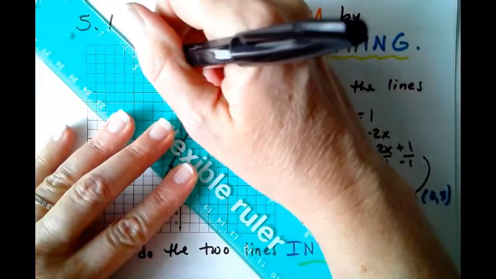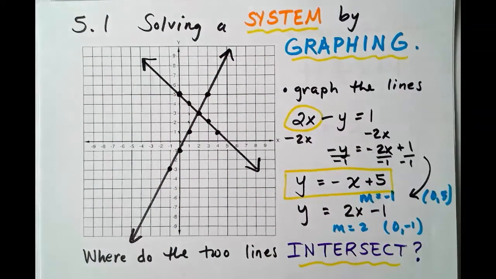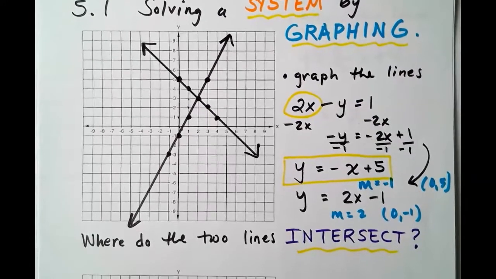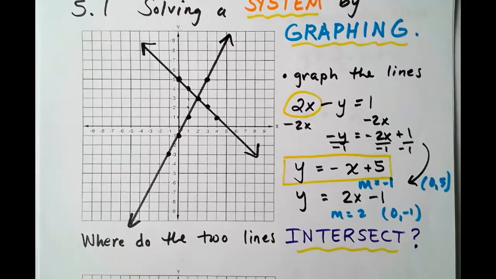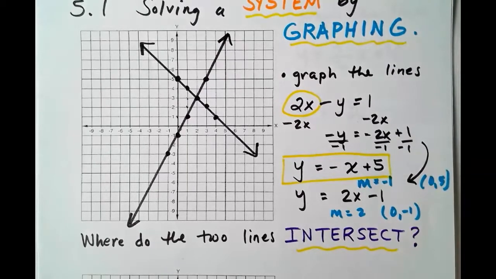Now let's think about what that intersection represents. The intersection represents the point that both lines have in common. And that particular point is going to be a solution to this system. It will satisfy both of the equations simultaneously.